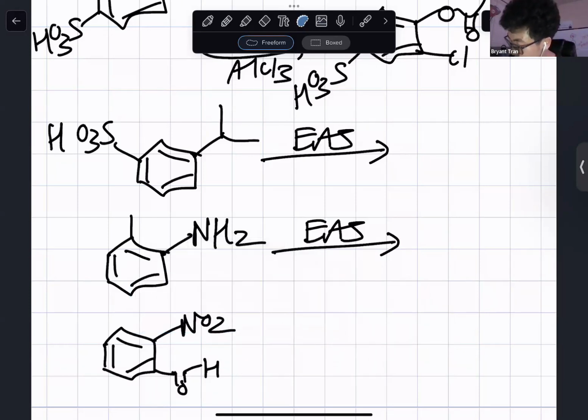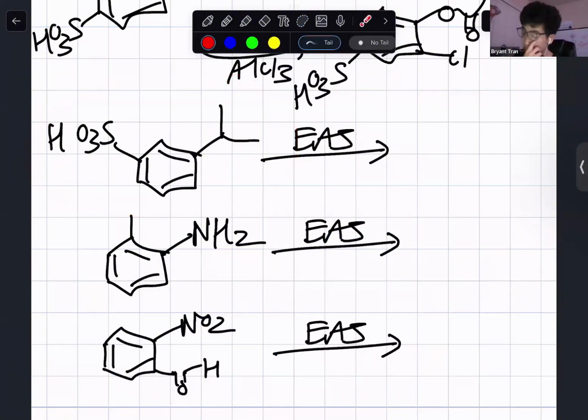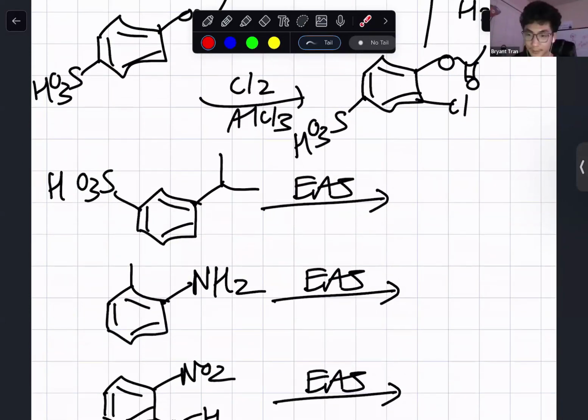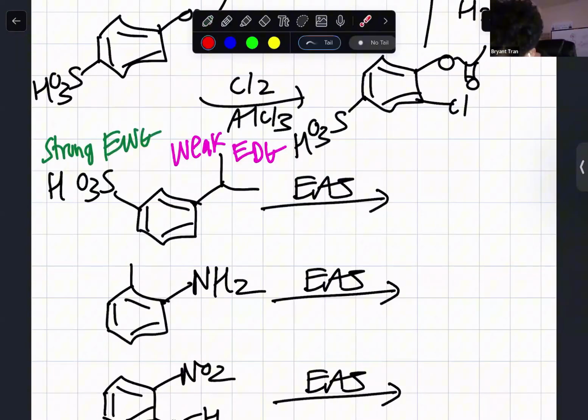Would the directing group be the isopropyl group or the SO3H group? The isopropyl group, correct? Because it's a weak EDG. This often is a strong EWG, right?